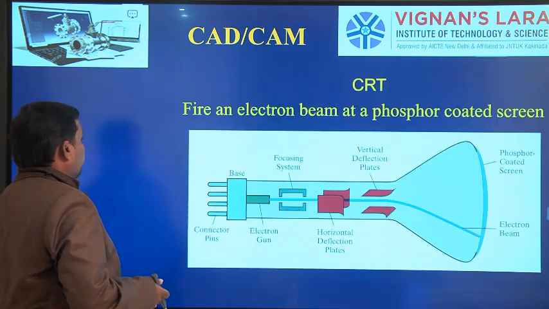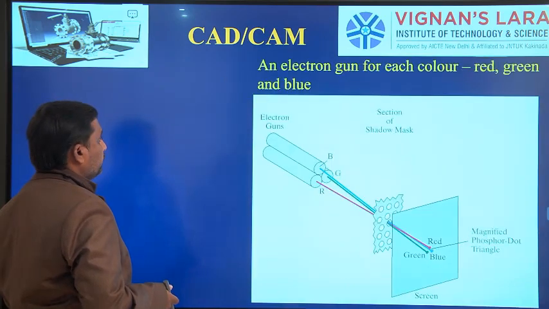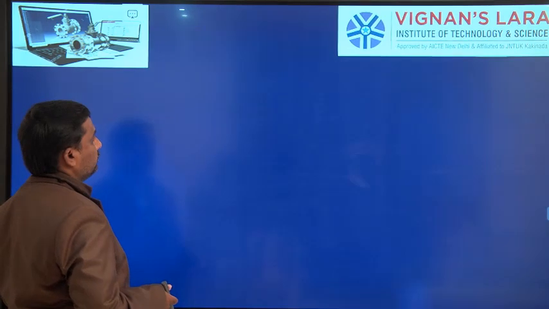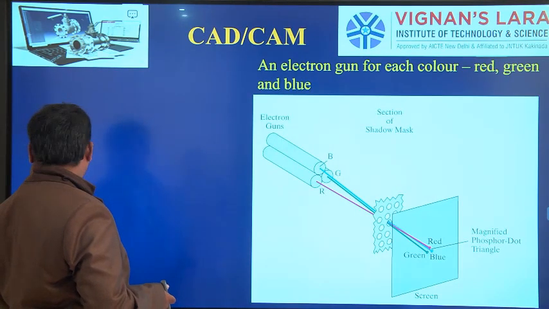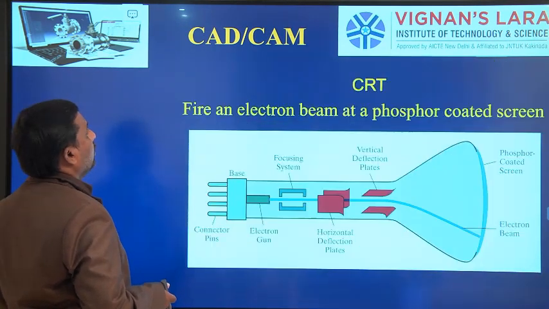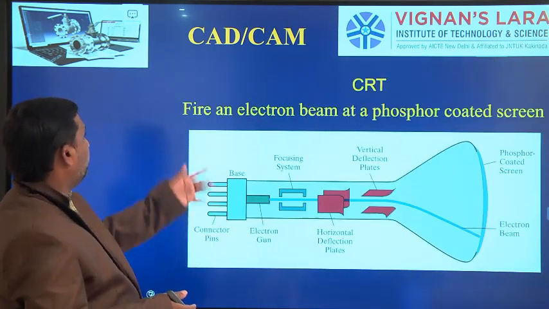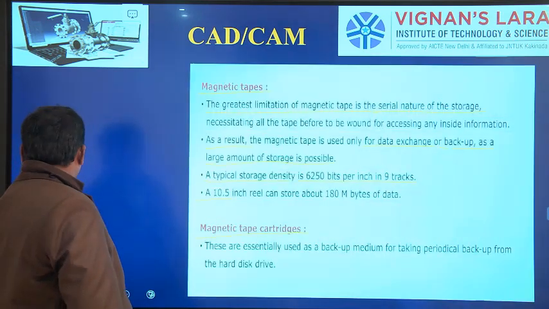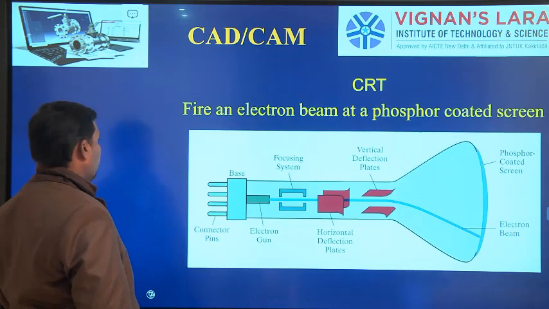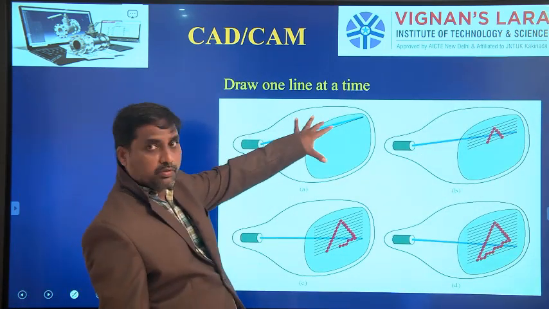Next one is the CRT construction. This is the monitor.